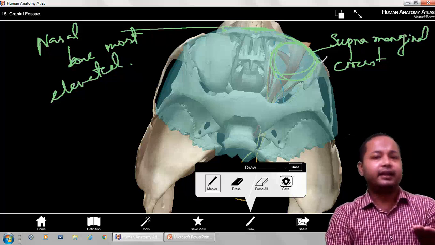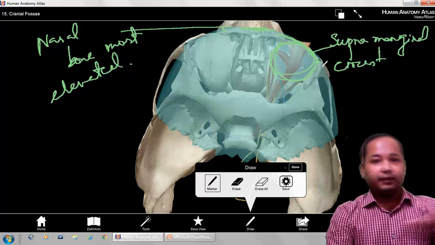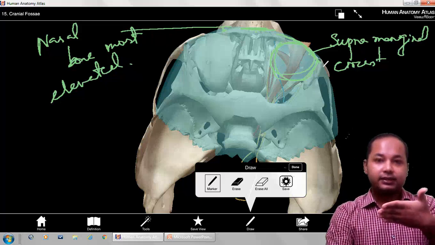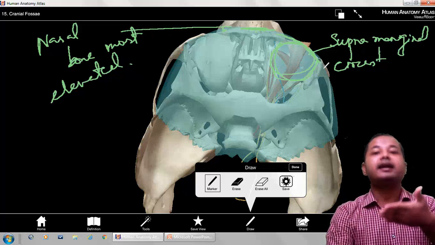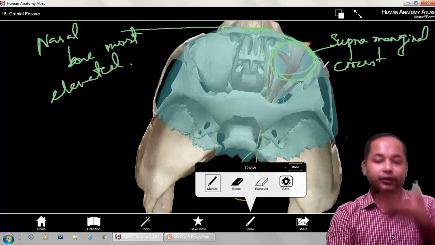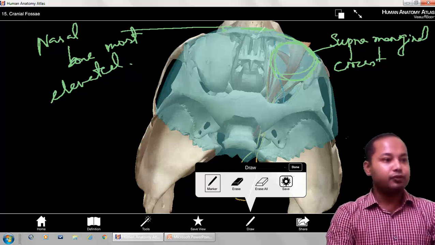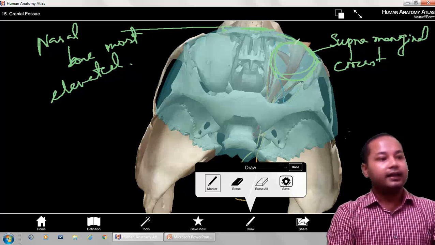When you hit directly with your face down onto a plain floor, the eyeball does not come in contact with the surface, because one thing is that your nose is preventing it, as it is the most elevated part you can see here.